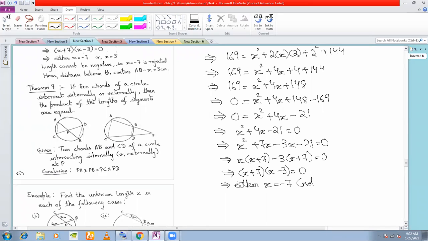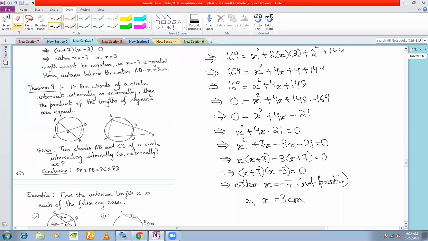So x is equal to minus 7, which is not possible, as distance cannot be negative, or x is equal to 3 centimeters. So therefore, the distance between the centers of the two circles is 3 centimeters. That's it. So this was a case where two circles were touching each other internally.